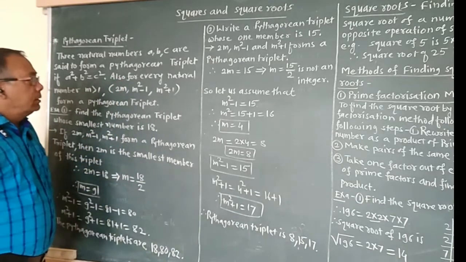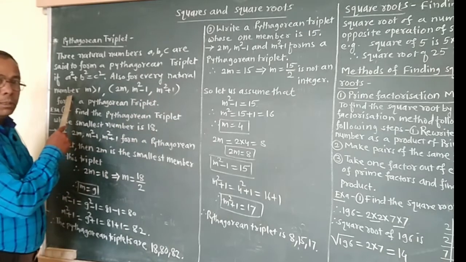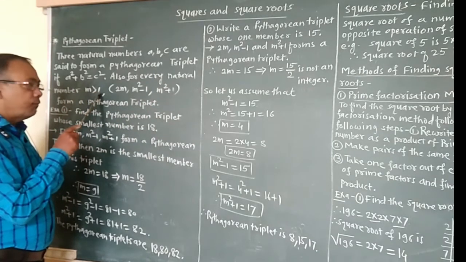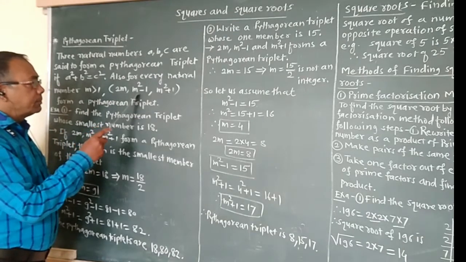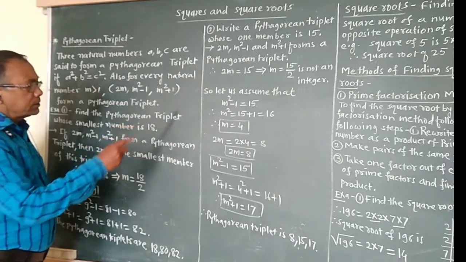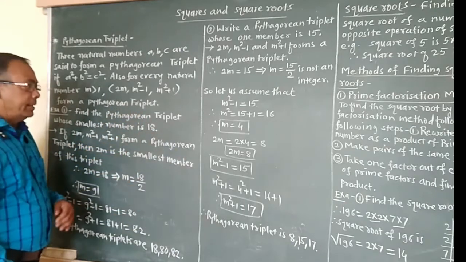In other words, for every natural number m greater than 1, 2m, m square minus 1 and m square plus 1 form a Pythagorean triplet.